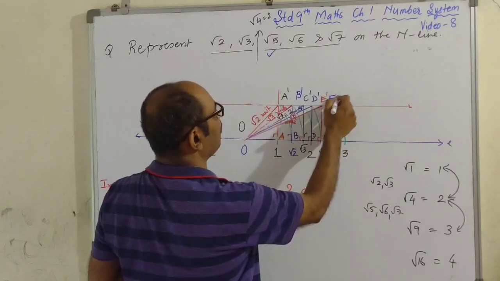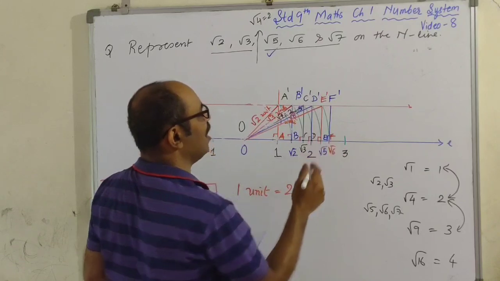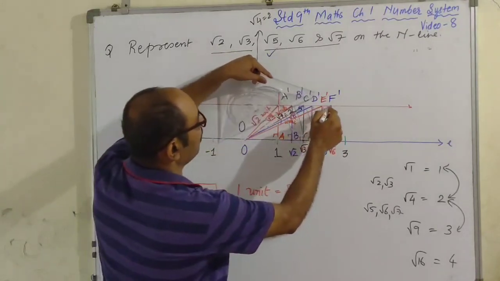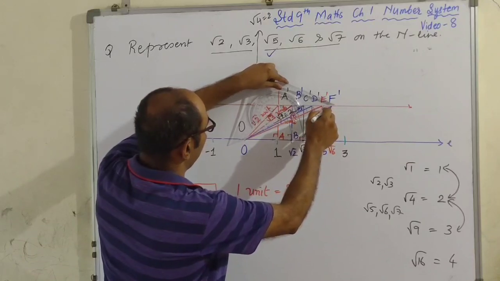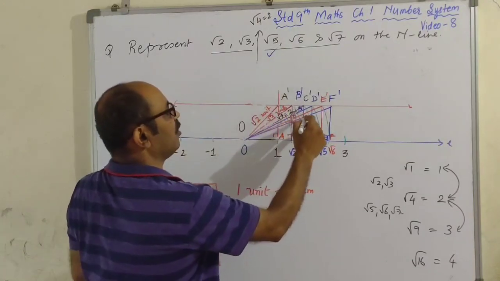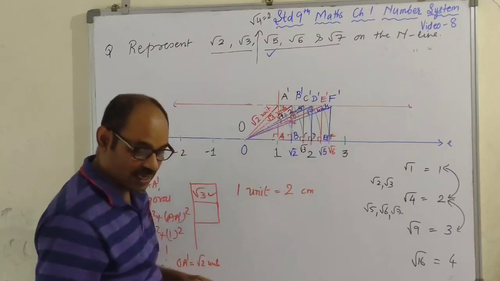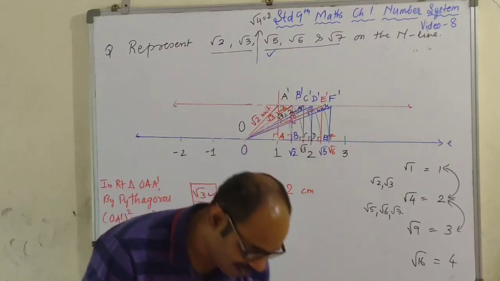Now this is F dash, perpendicular, 1 unit. So this F dash O, after root 6, it is root 7 units. Correct? Let's project root 7 on the number line.